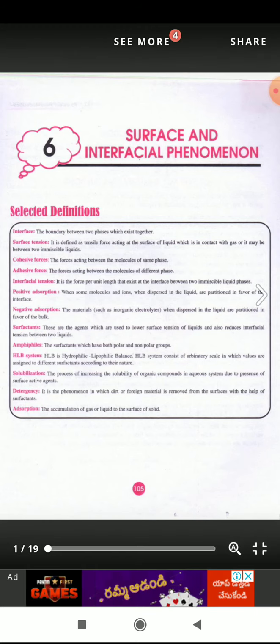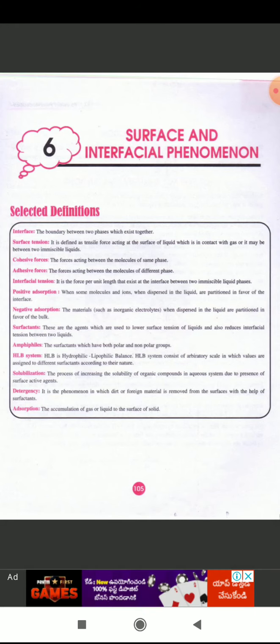HLB system is the hydrophilic lipophilic balance system, and we have arbitrary HLB scales giving values from 0 to 18. Solubilization is the process of increasing the solubility of organic compounds in aqueous systems due to the presence of surface active agents.